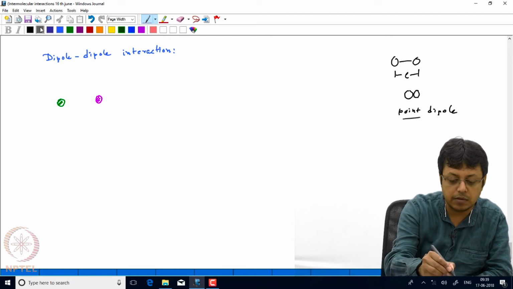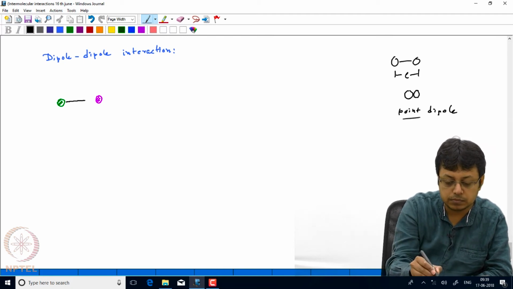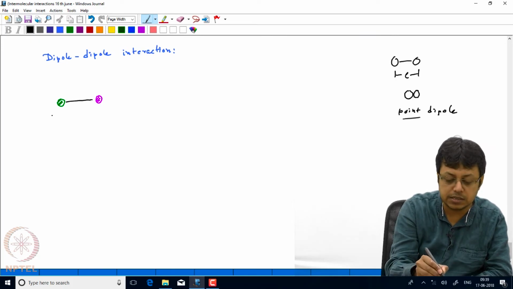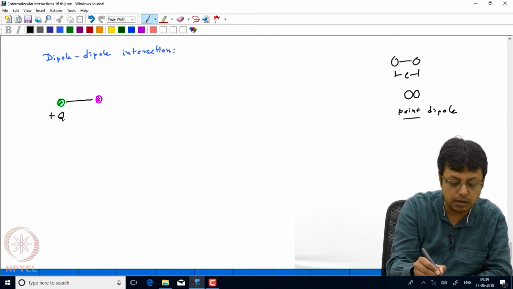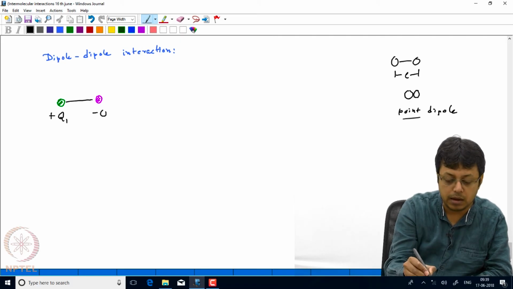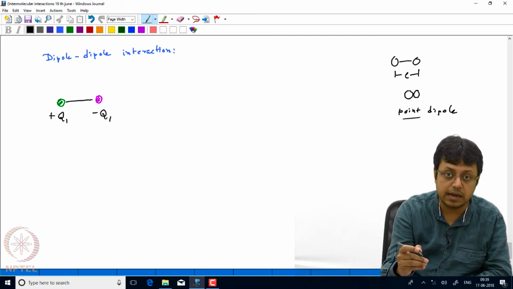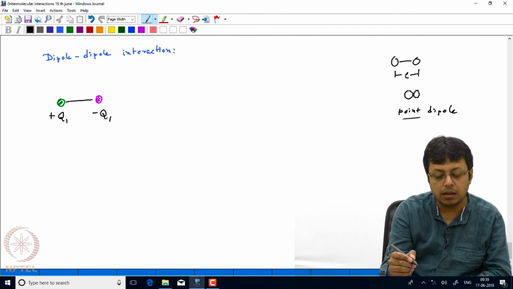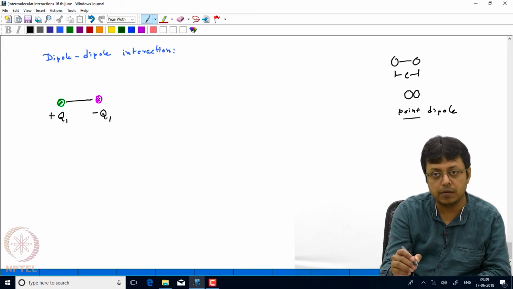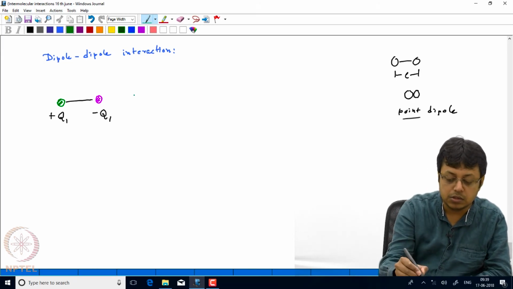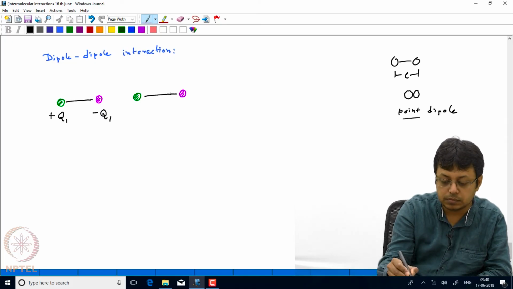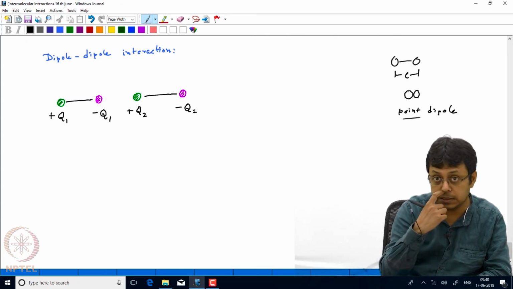So, this is our first dipole, where we can choose the charges as, let us say, plus q1. So, this is dipole 1 and minus q1, and then I am bringing the second dipole to it. Obviously, the most favorable orientation will be where the positive end faces the negative end of the other dipole. So, a position like this, where I have for the second dipole plus q2 and minus q2, these are the charges.